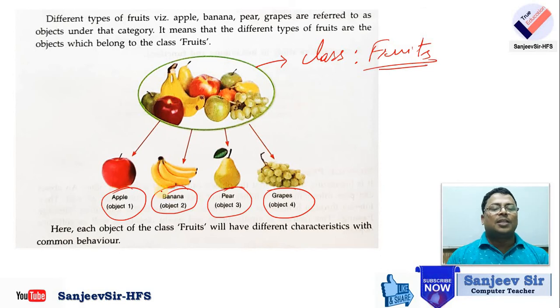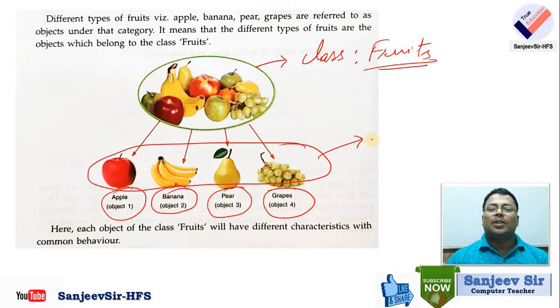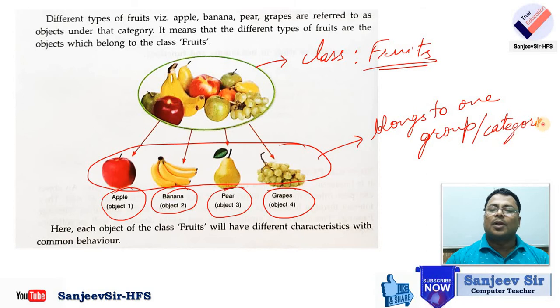That means these all belong to one group, or category. Understood? A group of category, that is known as fruits.